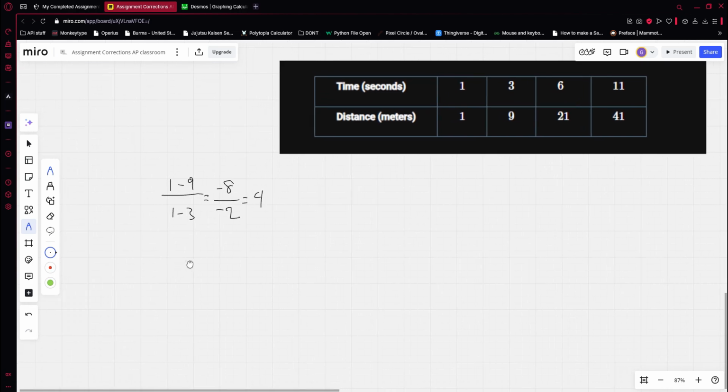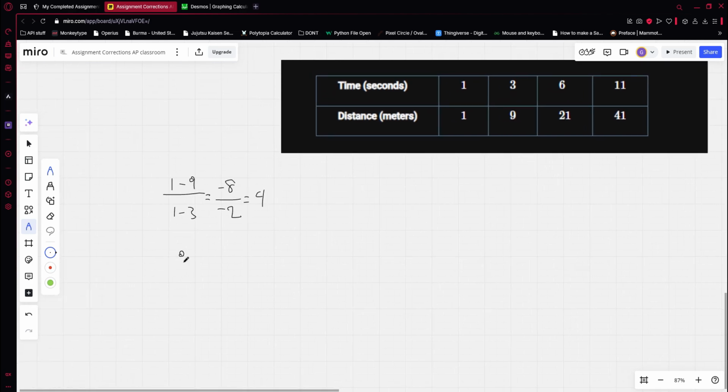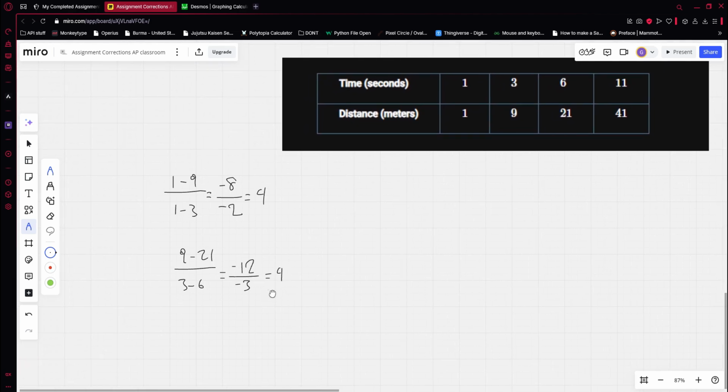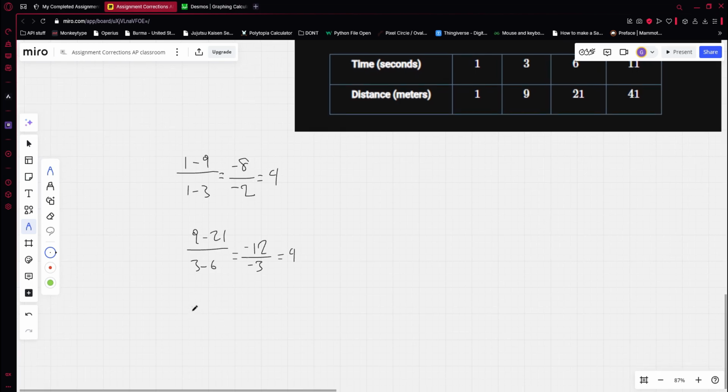Let's do the next one. 9 minus 21 over 3 minus 6. Negative 3. What is this? Negative 12. 4. Okay, starting to see a pattern here. 6 to 11.